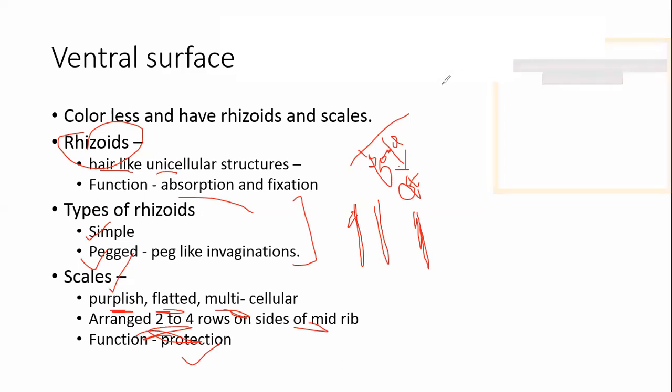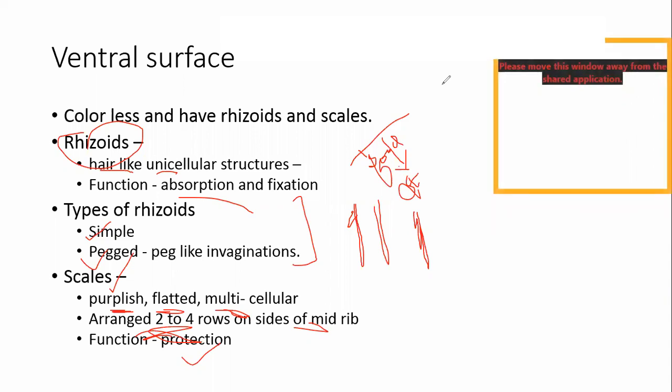So this is about the habitat and external morphology of the Marchantia. The Marchantia is flat, dorsiventral in nature. The dorsal surface is green, the ventral region is colorless. The dorsal surface undergoes photosynthesis and produces the food. The ventral surface stores it.